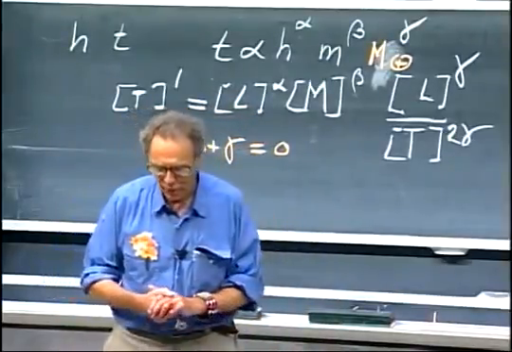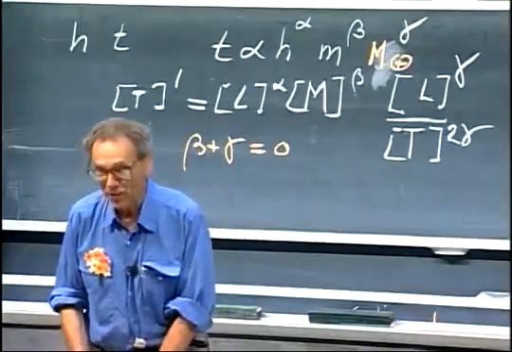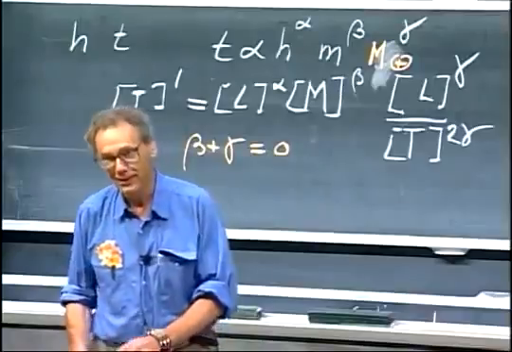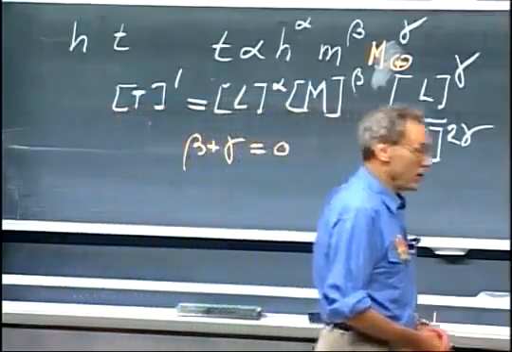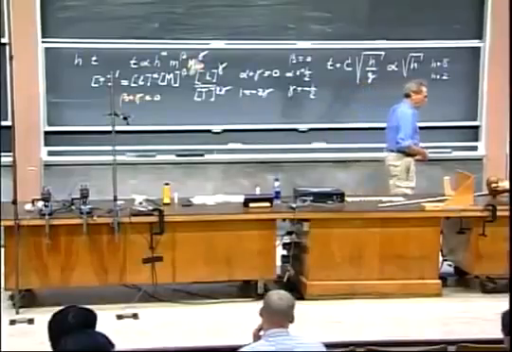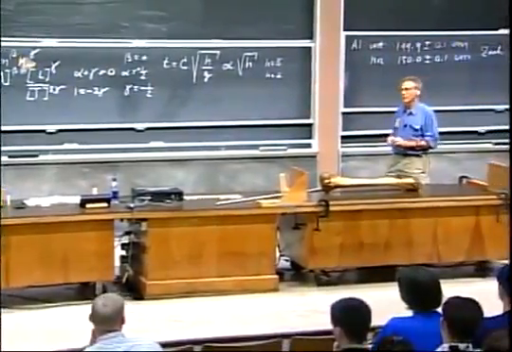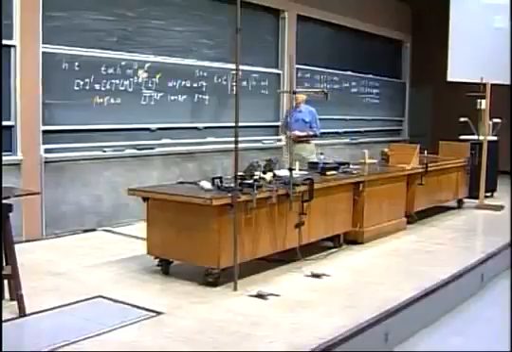Now you can ask yourself the question, well, is there something wrong with the analysis that we did? Is ours perhaps better than this one? Well, it's a different one. We came to the conclusion that the time that it takes for the apple to fall is independent of the mass. Do we believe that? Yes, we do.